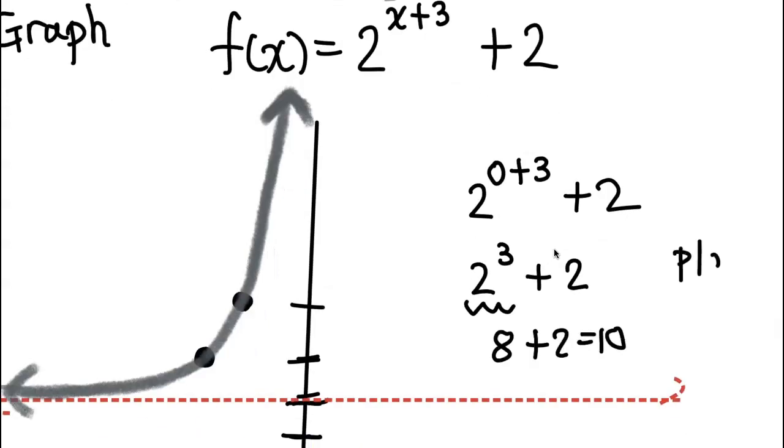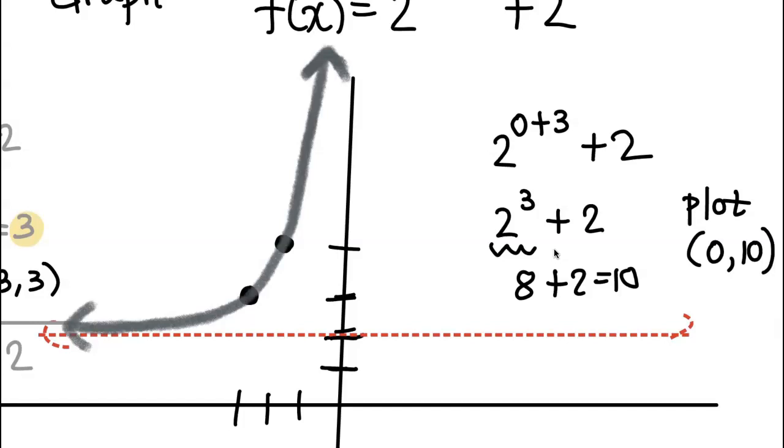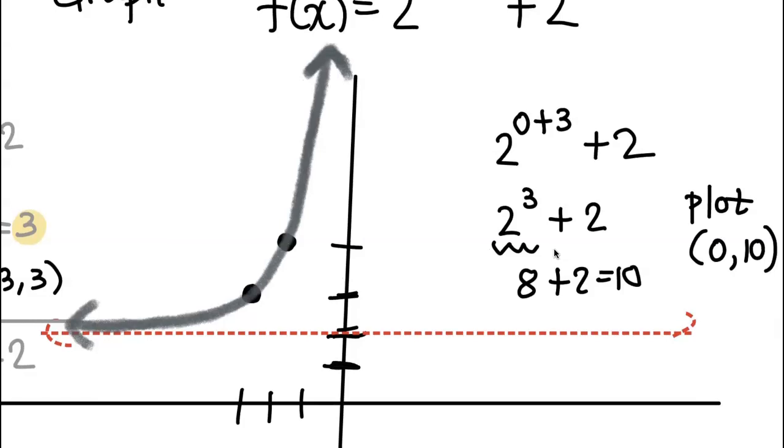So notice that, wow, exponential functions increase very quickly. So when you plug in 0, the y value is up at 10. So I don't think I was going to be able to plot 0, 10 because my graph is not going up that fast. 1, 2, 3, 4, 5, 6, 7, 8, 9. Like somewhere up there it was going to touch the y-axis.